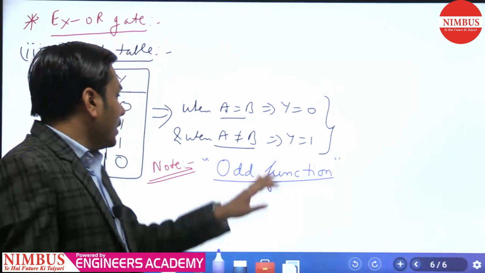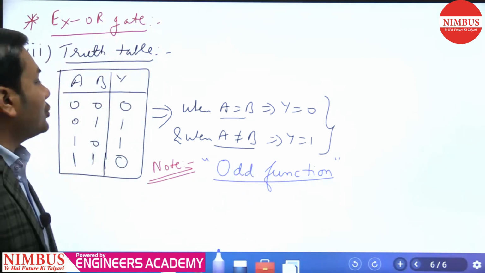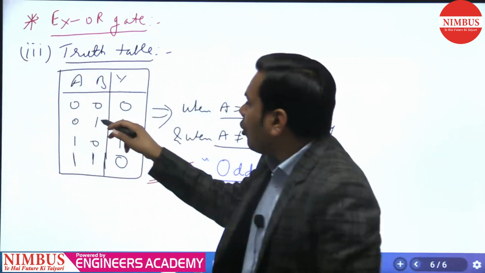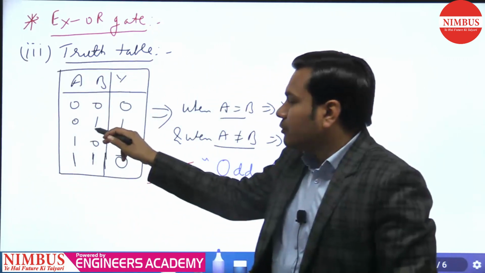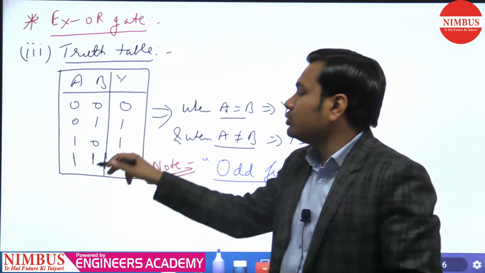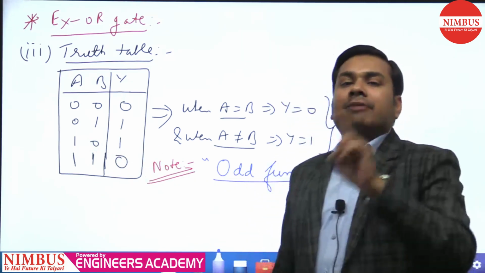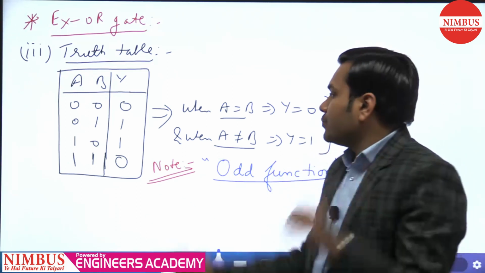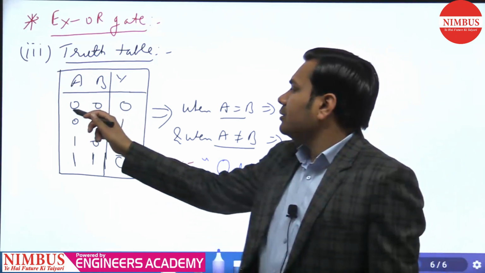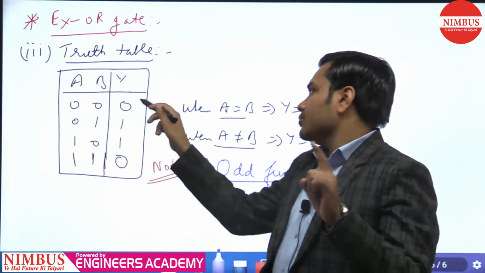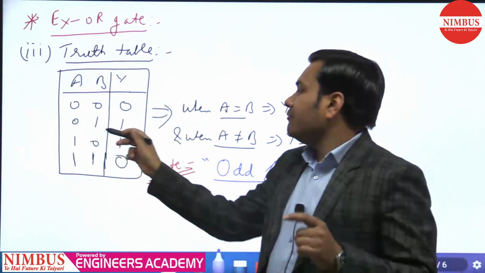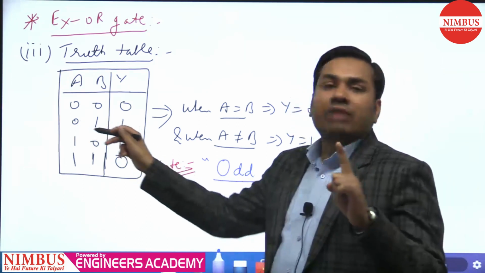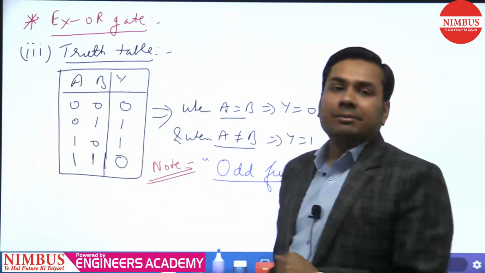So in our digital subject, whenever you get odd function, that means it is your XOR gate. How can we say that? Whenever an odd number of inputs are at logic 1, our output will be logic 1, otherwise it is at logic 0. If we have no 1 in the input, the output will be 0. If we have a single 1, that is an odd number of 1s, the output will be 1.